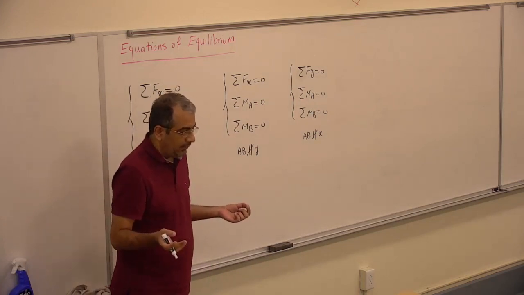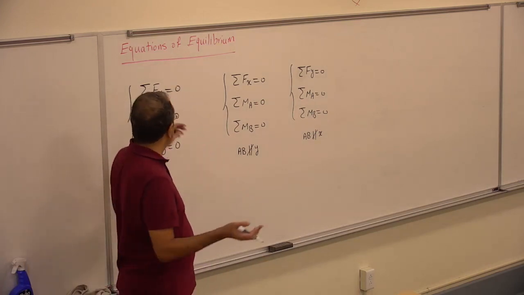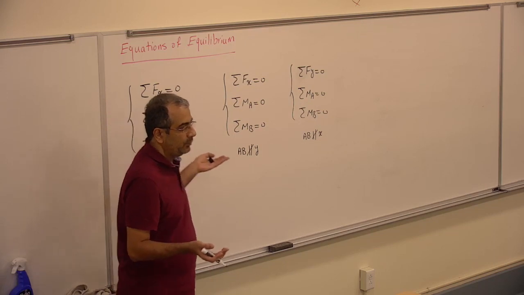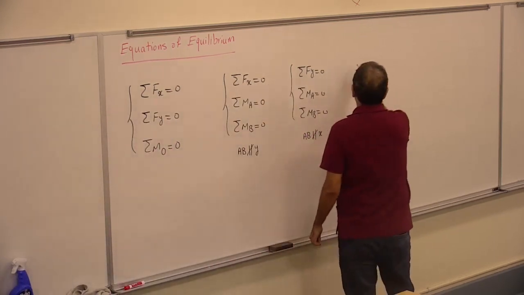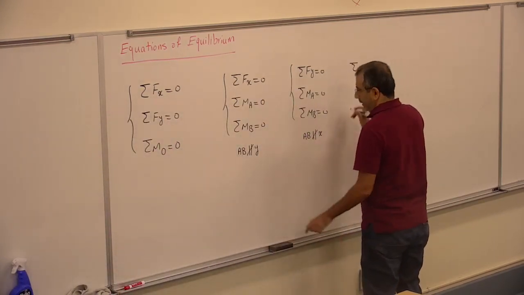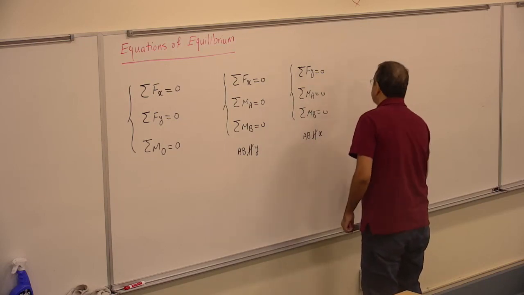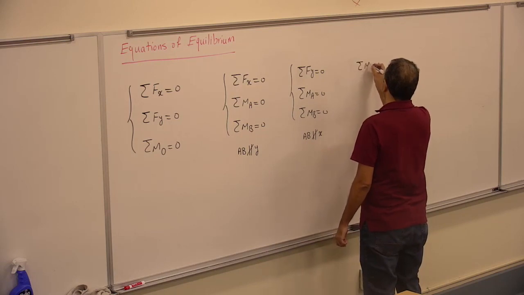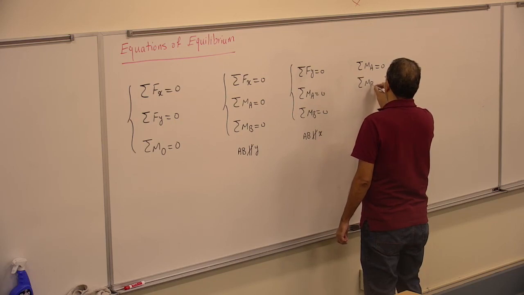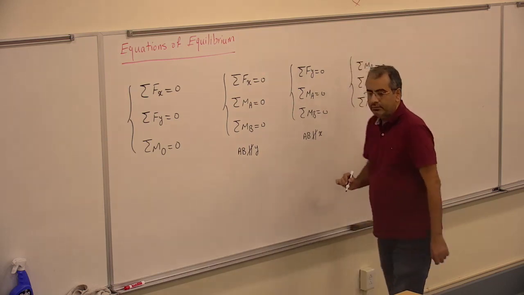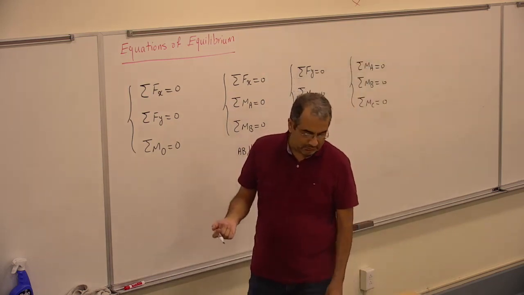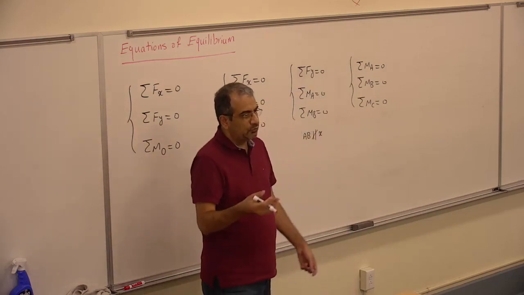Or I can go ahead and replace both Fx and Fy with the moment. I can say sigma M about point A is 0, sigma M about point B is 0, sigma M about point C is 0. What's the condition?